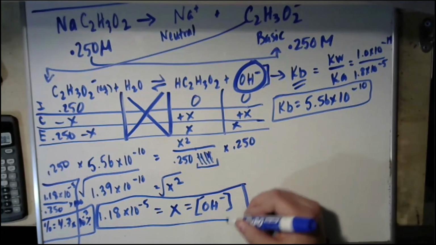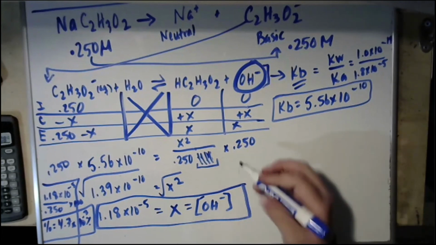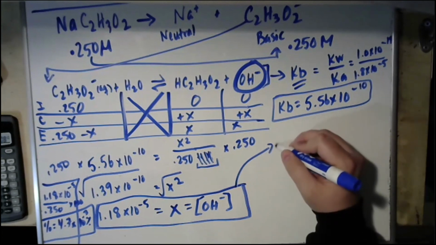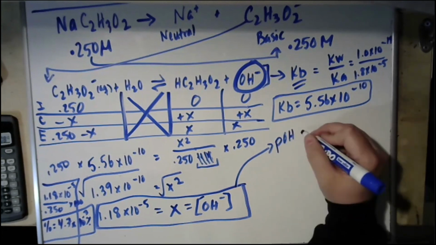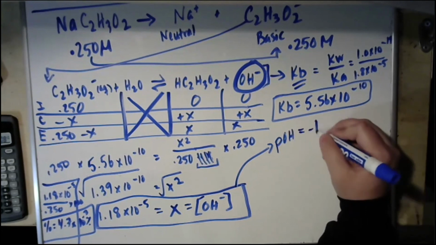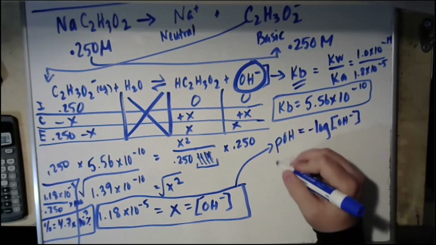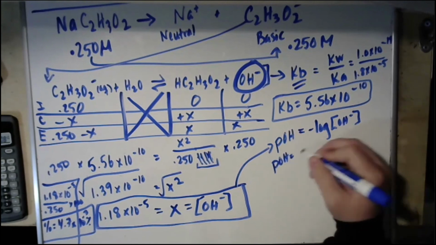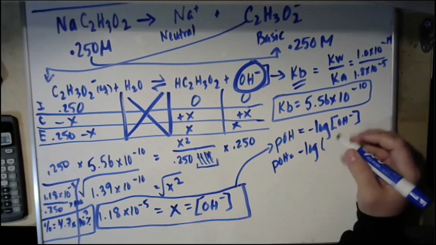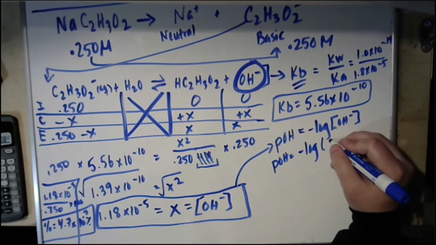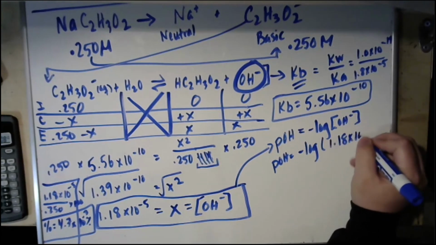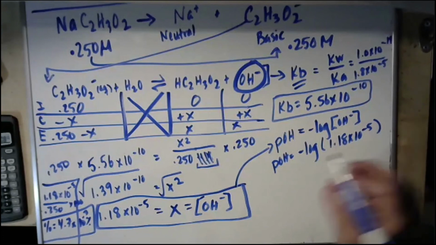From this value that represents our hydroxide ion, we're going to use it to find our pOH. I like writing out all the steps for you so you don't forget them.